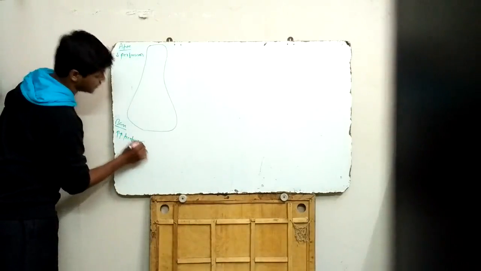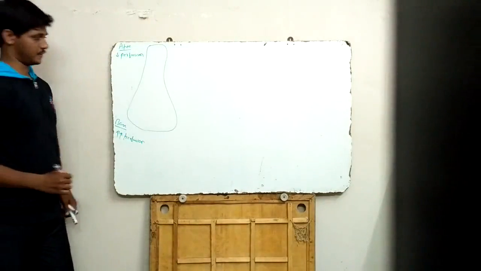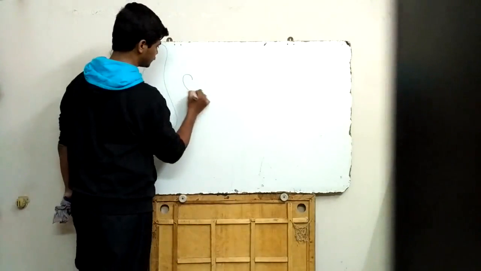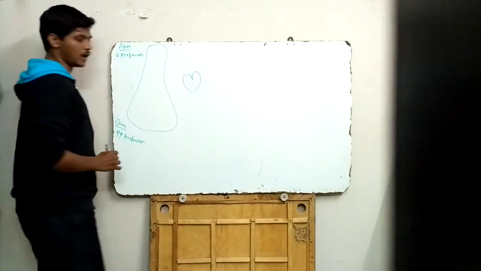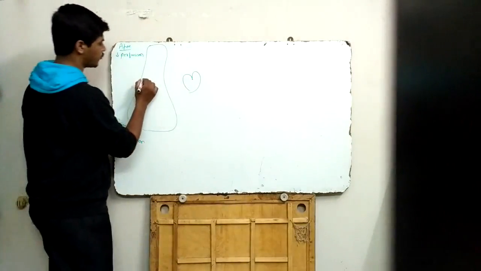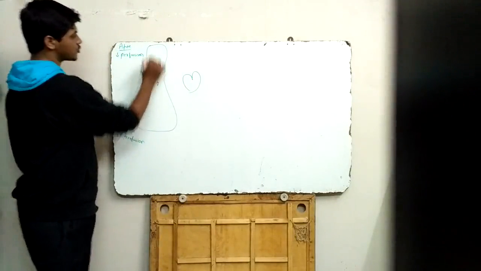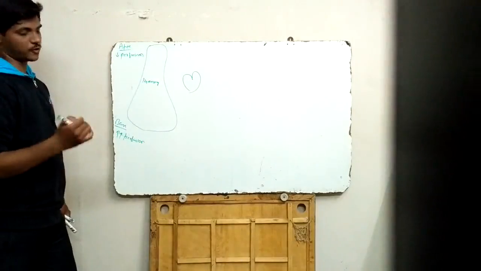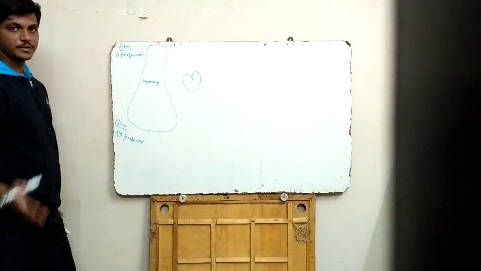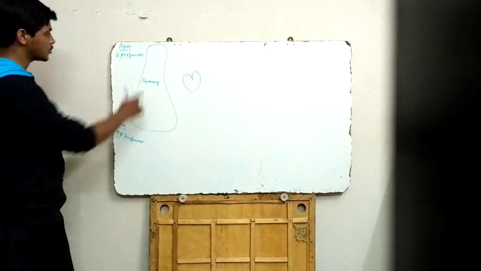As a result, the arterial pressure also varies. At the level of the heart, the arterial pressure is 14 mmHg. As you go upwards towards the apex, the pressure falls. As you come downwards towards the base, the pressure increases. Right? So how much?